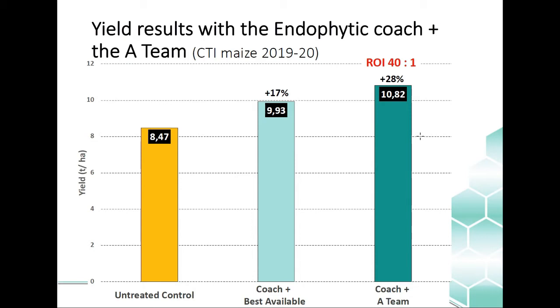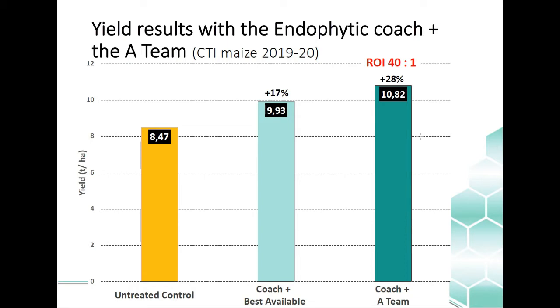So if you put an endophytic coach on that germinating seed, it will recruit a very good team of rhizosphere groups to the rhizosphere, whereas a farmer that is not very focused on soil health and practices that benefit soil health will probably have a weaker team in the rhizosphere. You can put on the coach, but the coach can only recruit what is available in the soil.